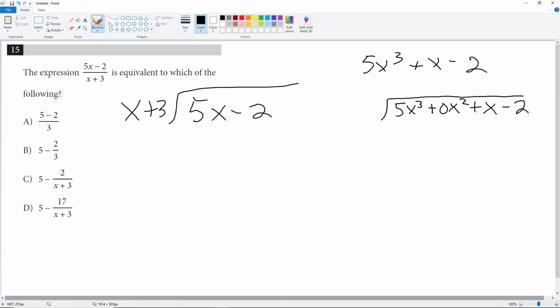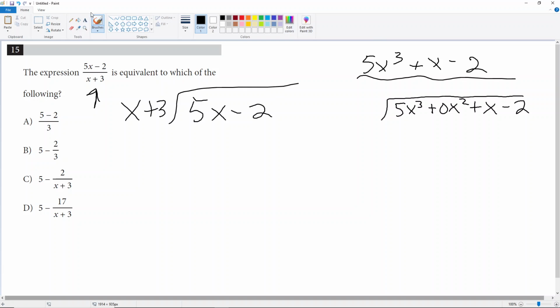Whenever you're doing polynomial long division, and once we're done doing this, I'll also show synthetic division, always account for every power of x from whatever the greatest power is of the numerator. In the case of the actual question, it's only 1. But in the case of this example, it's 3, down to just the constant.